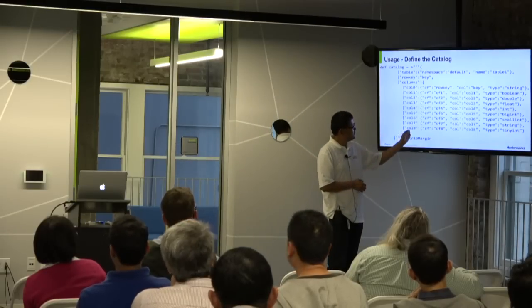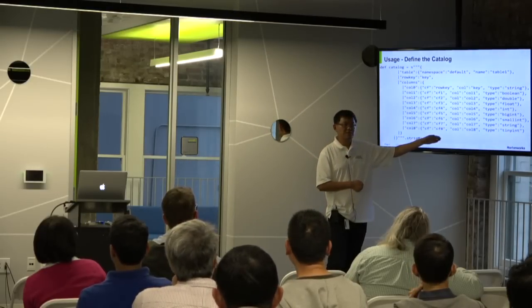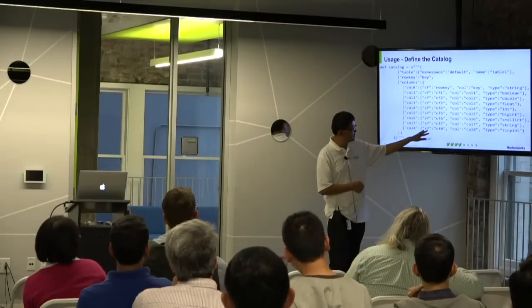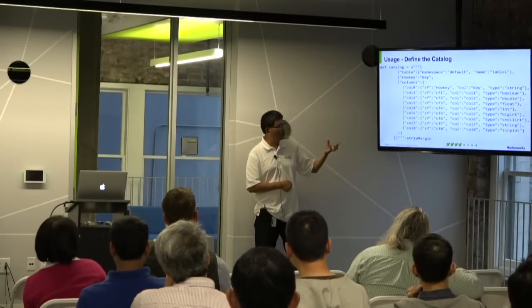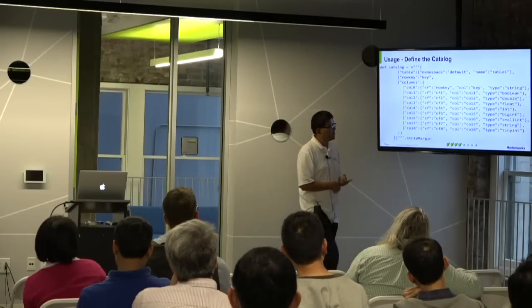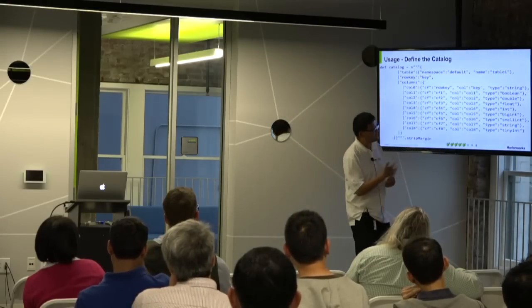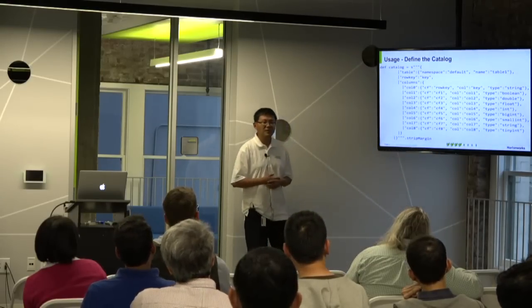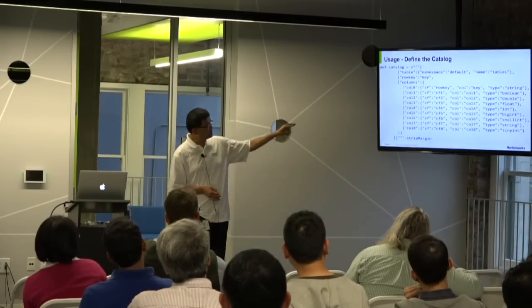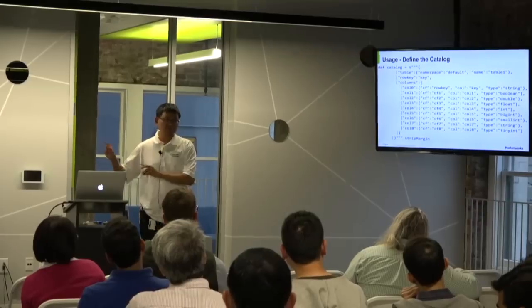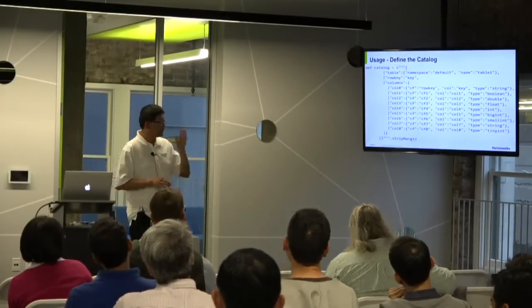Each column we have to map to the HBase namespace. In HBase, each column has a column family and a column qualifier. Then you have this type. This type is all SQL types. Also, if you want to support the Avro format, you don't need to specify the type. We have another field, but I will not go into the detail.